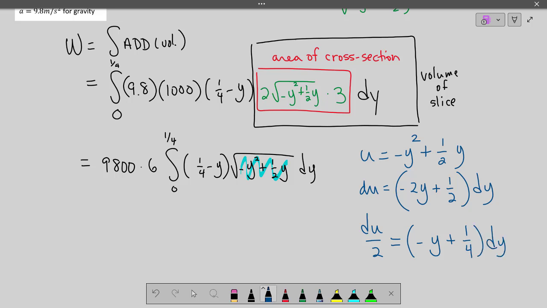And that's it. That's what we have in front. A quarter minus y, commutative law of addition. We could write this as a quarter minus y or minus y plus a quarter. Those are the same. So those match. That means the substitution will work because its derivative matches what's on the outside.